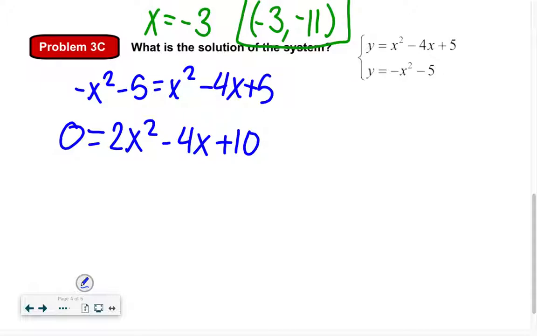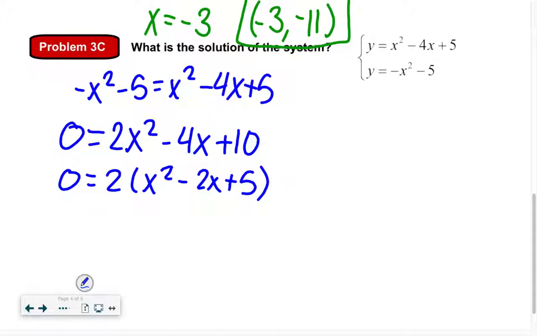Can you think of anything that factors nicely? We could pull a 2 out. Just 2, right? Does that factor nicely into 2 parentheses sets? I don't think so.